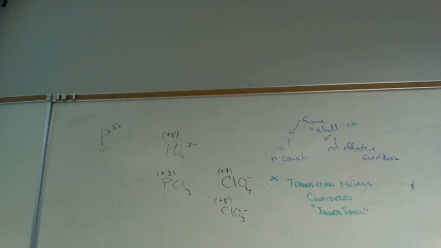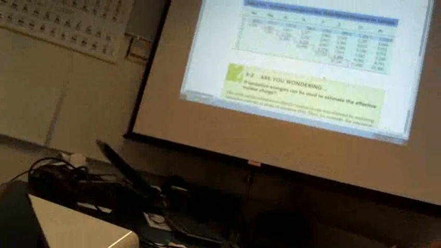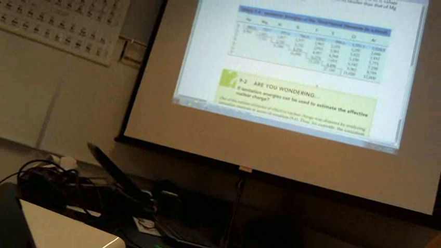Since they're so small, how do they hold so much strength together? Like the protons and the electrons, why does it take so much to pull them off when they're so tiny?